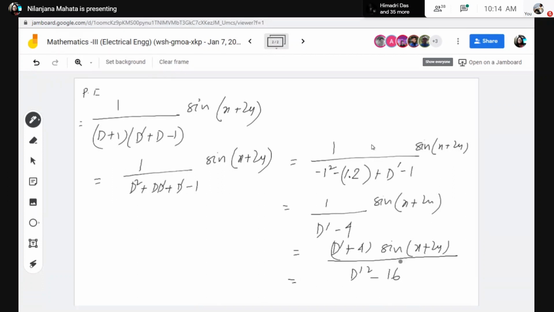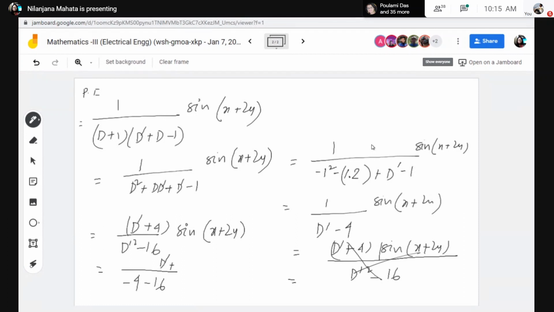You should write your operator in a way that this is the operator and it will operate on this operand. Now D dash square I will put as minus b square, and b is 2, so b square is 4, so this will be minus 4, minus 16. So this is equal to minus 1 by 20.